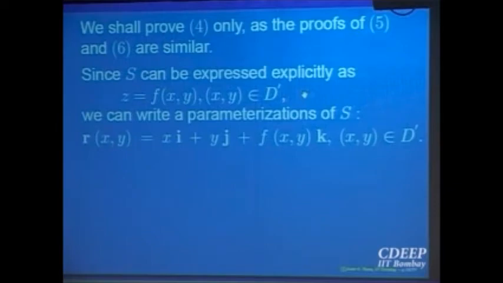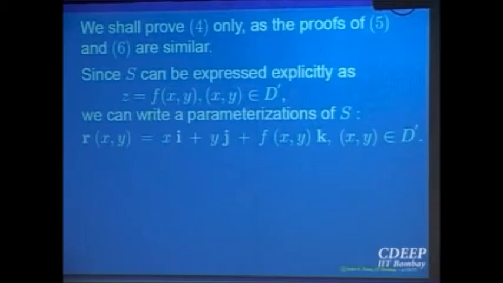The parameters u and v, I can choose as special parameters because it is projectable onto the xy plane. I can choose u and v as x and y. So g is equal to D prime. That's all, a special case. So r(x,y) is a parameterization. We had taken it as r(u,v). So now you compute, and now we'll know what n2 and n3 are.